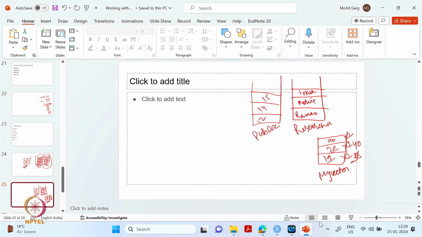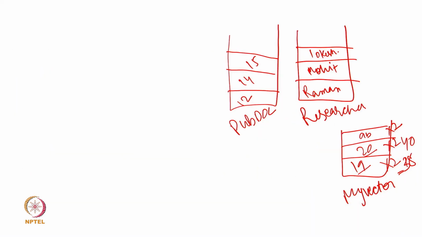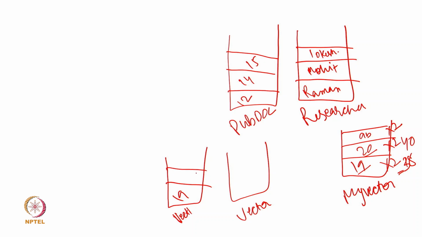What we have done is we have created one vector here, vector 1, and here vector 2: 19 20 21 and 2 3 4.